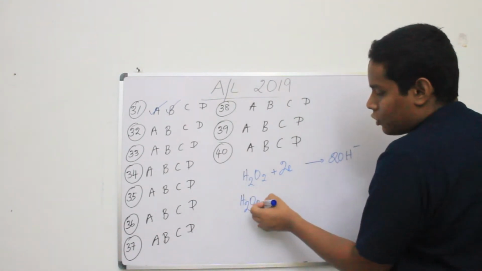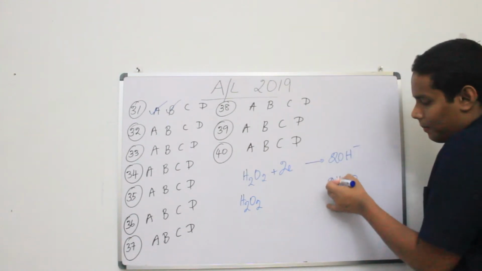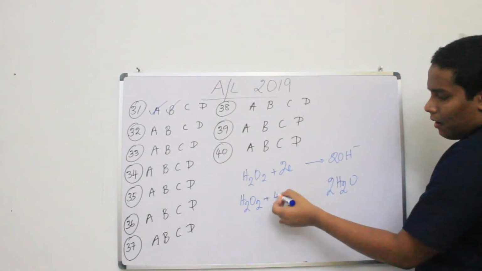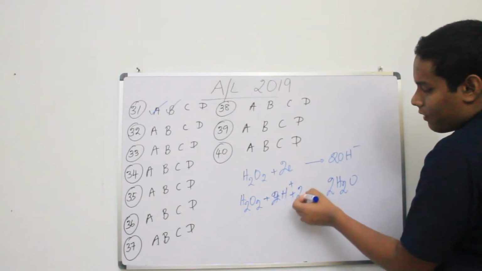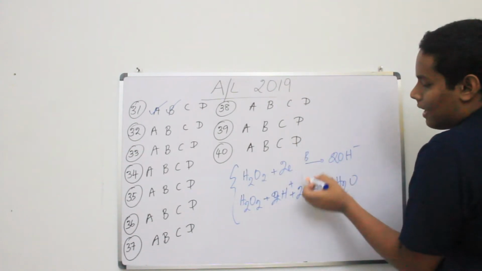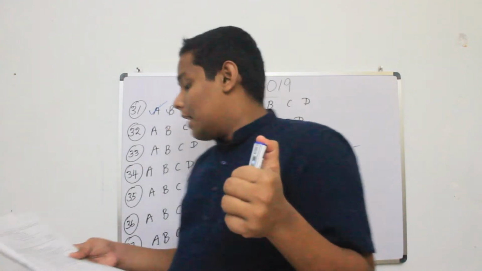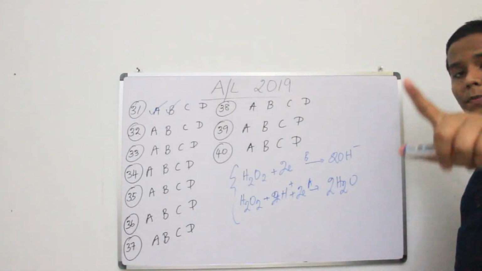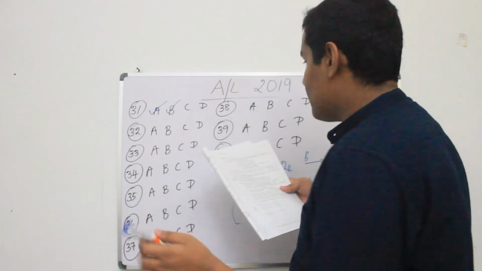In another medium, H2O2 can go to water, so H2O2 plus 2H plus plus 2 electrons goes to 2H2O. So both are possible. This is in the basic medium, this is in the acidic medium. So H2O2 can undergo reduction in both basic and acidic medium. Therefore C is wrong.